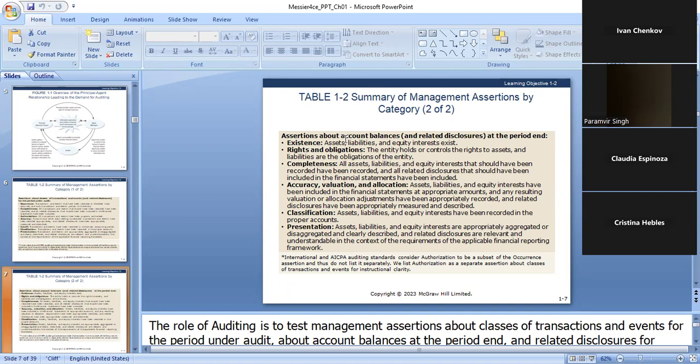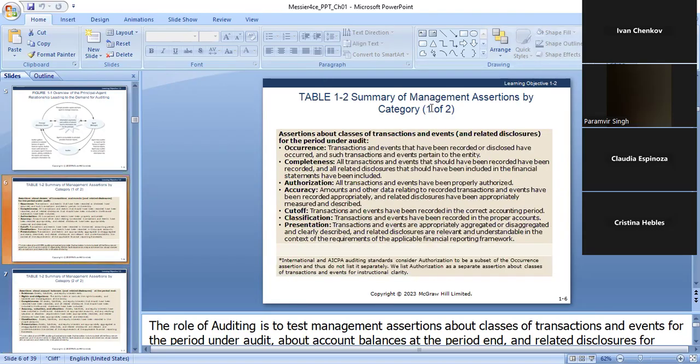Then the next level will be statements, and the last level will be disclosures. But at this level, we're chasing the assertions on account balances plus the related disclosures, whereas at the transaction level, we're chasing the transactions and events plus the disclosures related to that transaction or event.